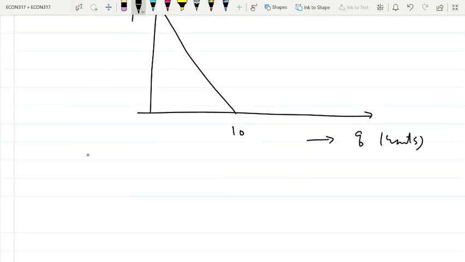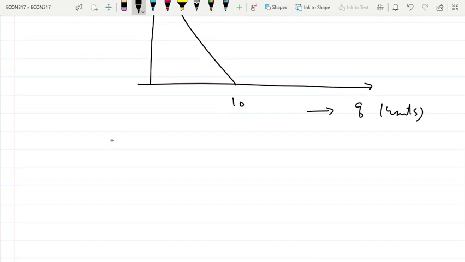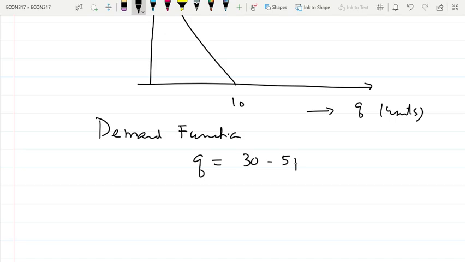Now I want to spend some more time looking at what we started with. We said we will write down a mathematical formula for the demand function. So at this time I want to take somewhat different numbers. Let's say Q equals 30 minus 5P.